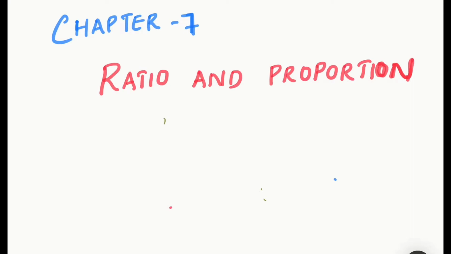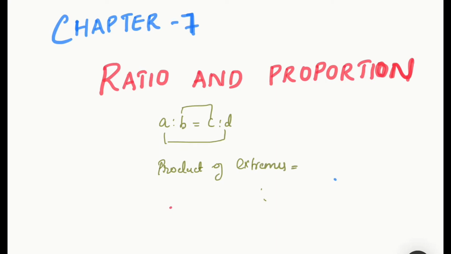That is A is to B equals C is to D, such that the condition of proportion will be product of extremes equals product of means. Okay, so this is what we have learned in proportion.